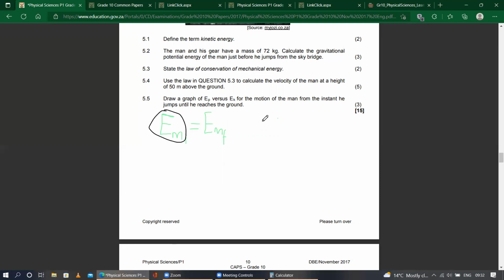So we have our initial height, which is 100 meters, then we also have our initial velocity, which is 0 meters per second.